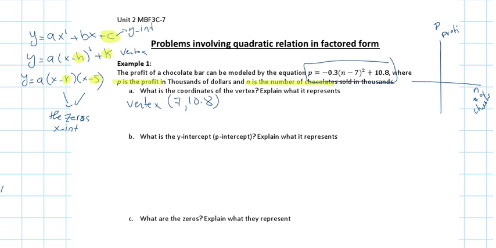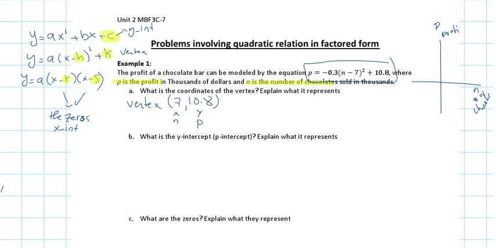So n is replacing the x, P is replacing the y. So if you're looking at your vertex, the 7 is n, and 10.8 is P. Yes?